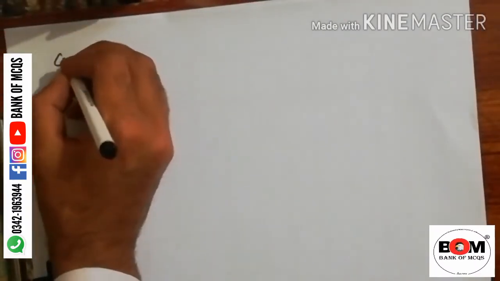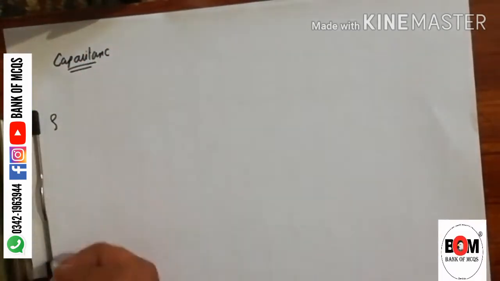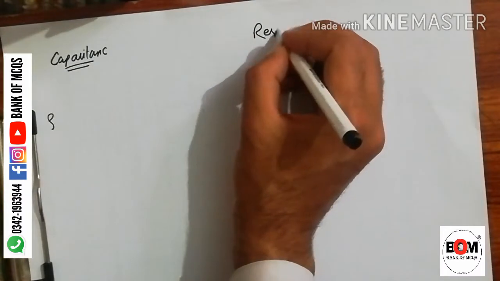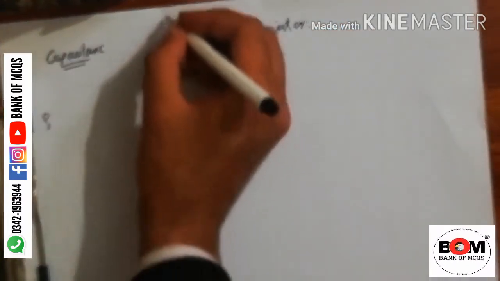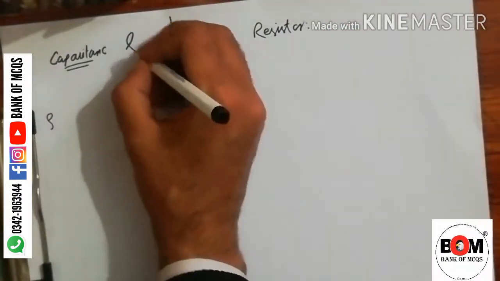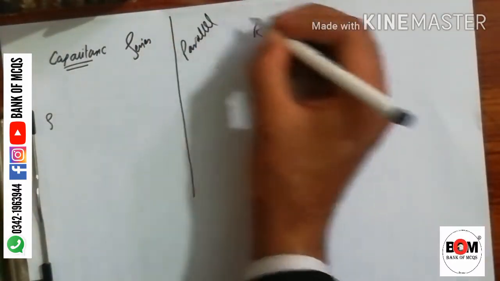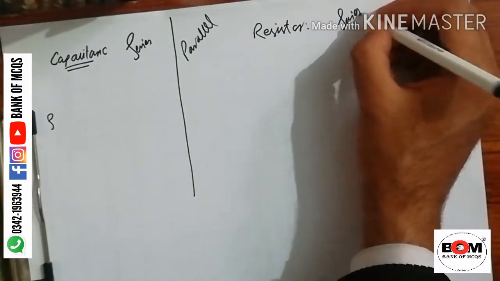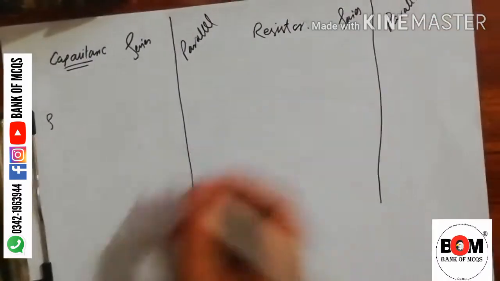There are two types of combination: the first one is series, and the next one is parallel.